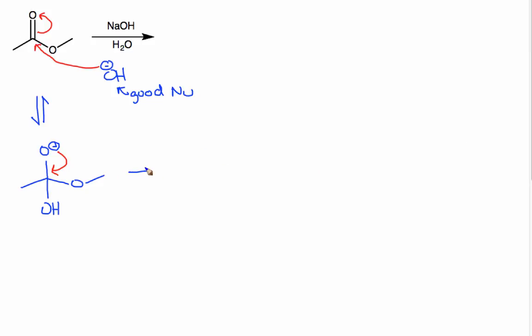And I do have the possibility of losing my methoxy group, like that, which gives me this carboxylic acid. But I have an equal likelihood that when that comes back down, I'll lose the OH-, just taking me back to starting material.